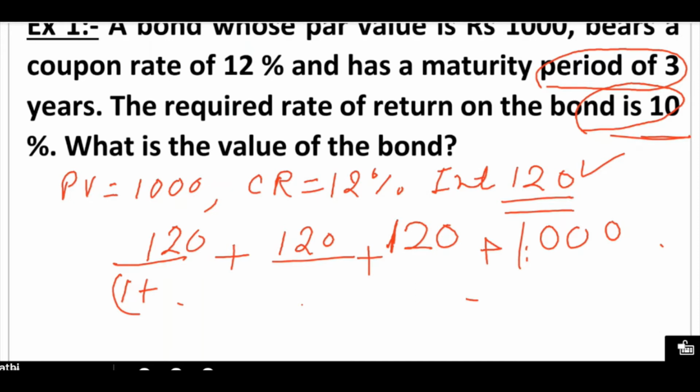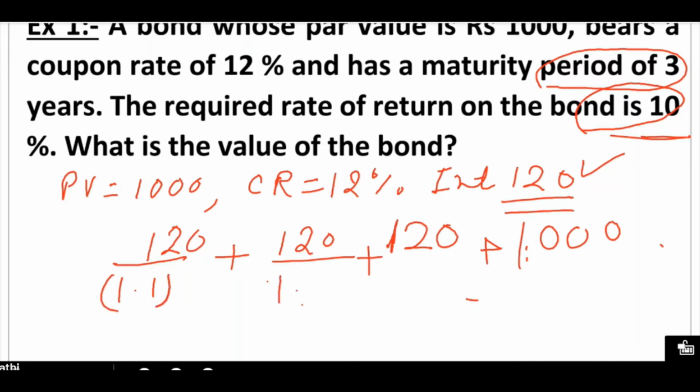It is 10%. 10% means 0.1, so 0.1 will be added here. For the second year, the discounting factor will be, I'll write the direct value, 1.1, since it is 10%.